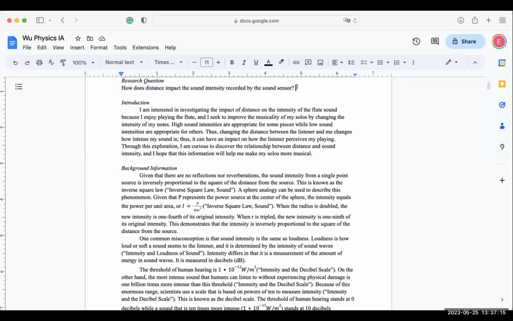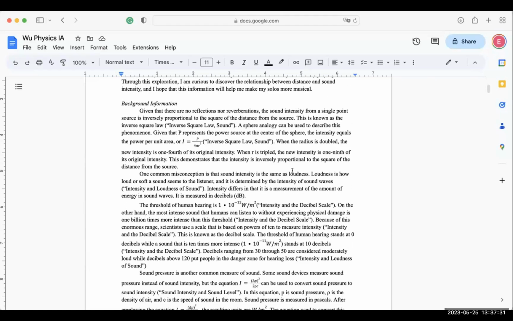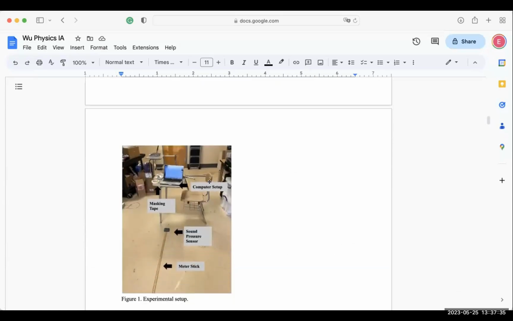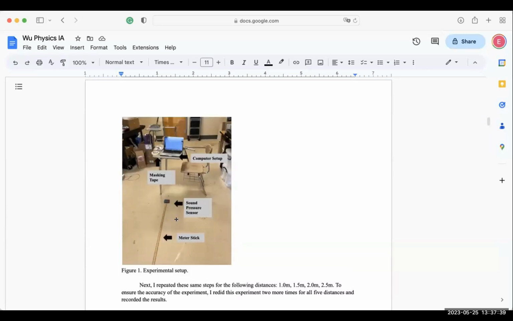what I studied was how does distance impact sound intensity? It's already been proven that there's a specific formula, which I mention somewhere down here. But it's basically just conducting your own experiment to verify that. I designed my own experimental procedure where we have this measuring stick over here, and then I step back by increments of 1 meter.